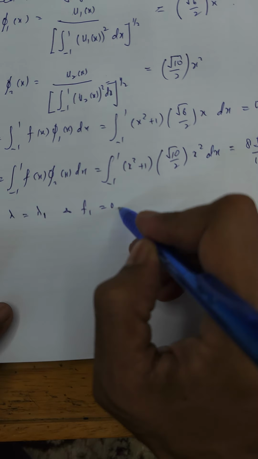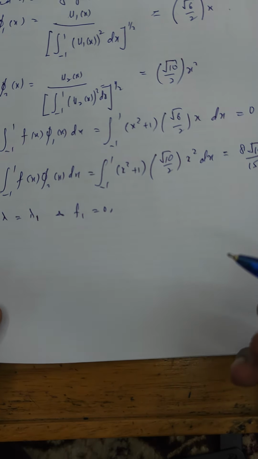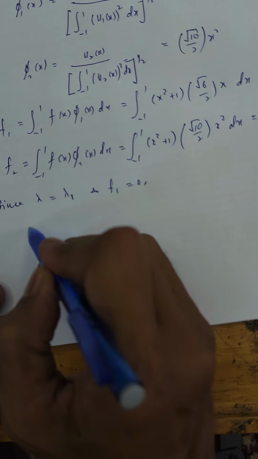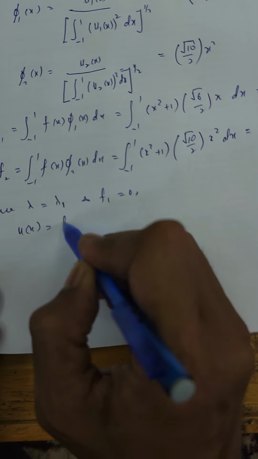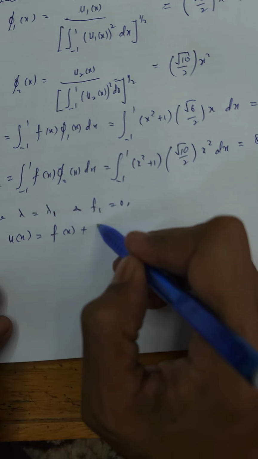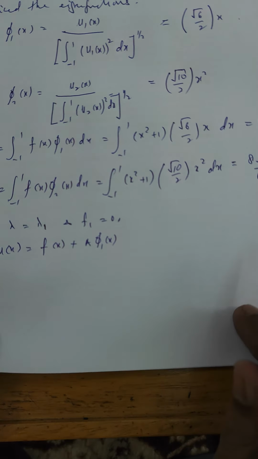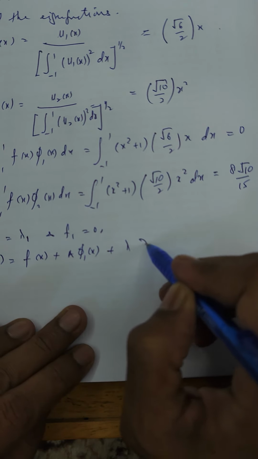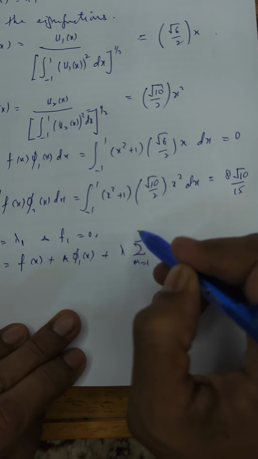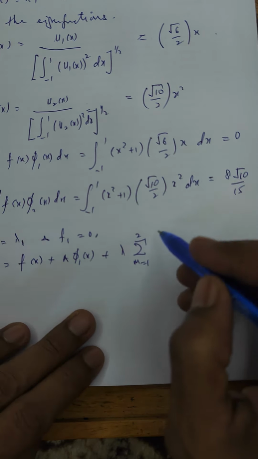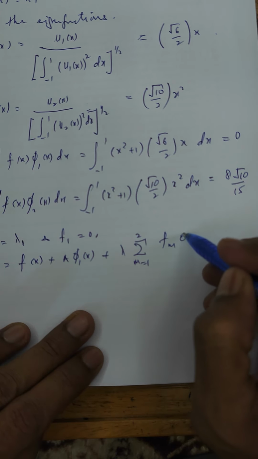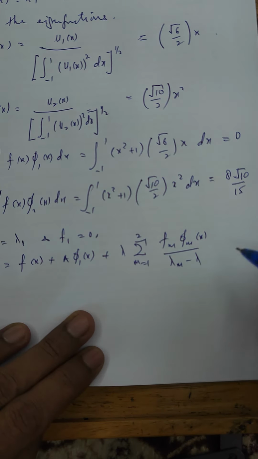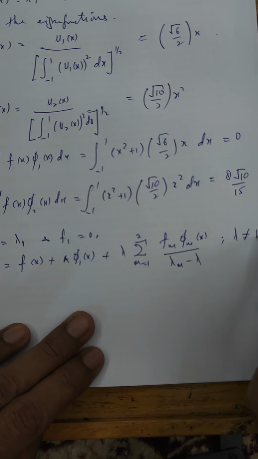Therefore, there exist infinitely many solutions, and the solution is given as u(x) equal to f(x) plus a phi 1(x) plus lambda times the summation over m from 1 to 2, because we have two f's here, of f_m phi_m(x) over lambda_m minus lambda, for lambda different than lambda 1.